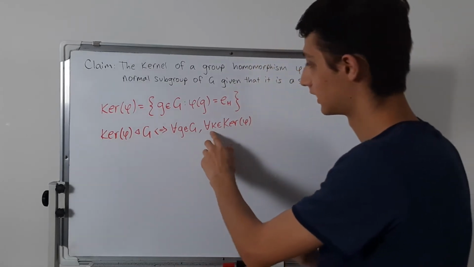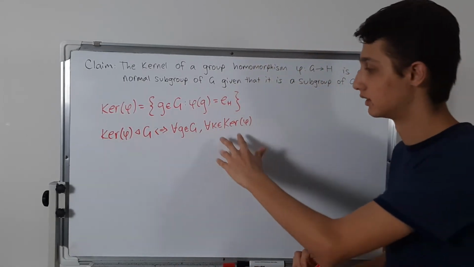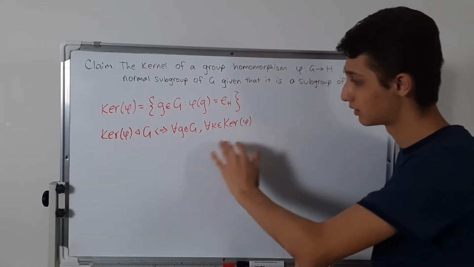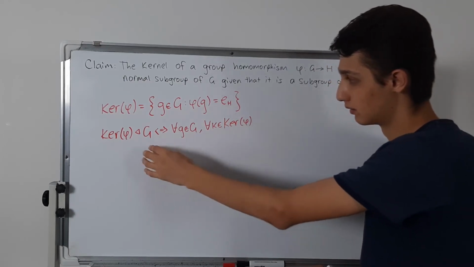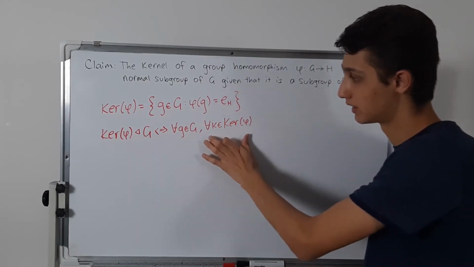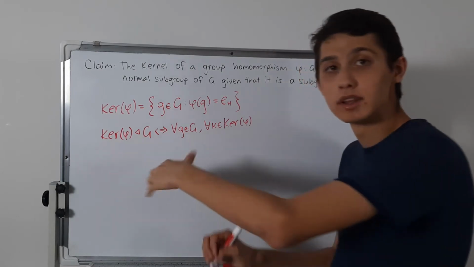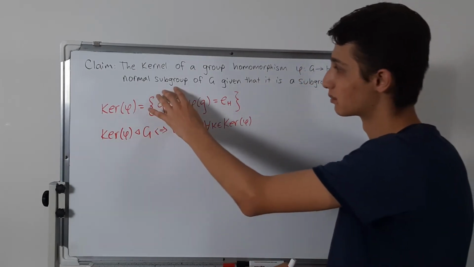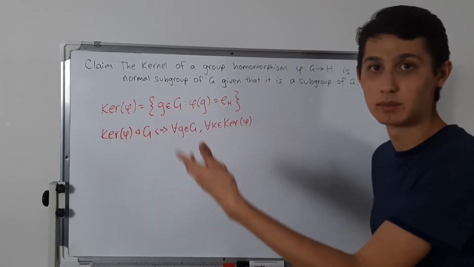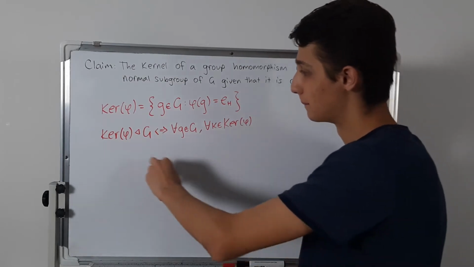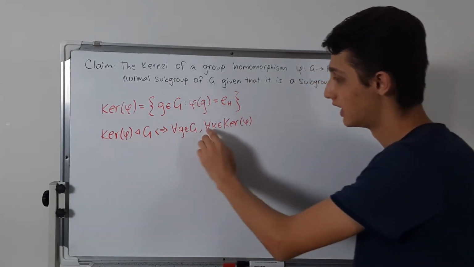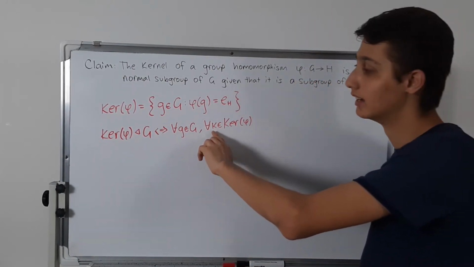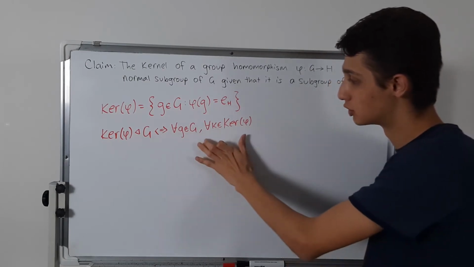Remember that the kernel, we already said, is a subgroup of G, meaning it's a subset of G. So if the kernel is a subset of G, then this little element k is also going to be in G, but I'm just showing this for emphasis.